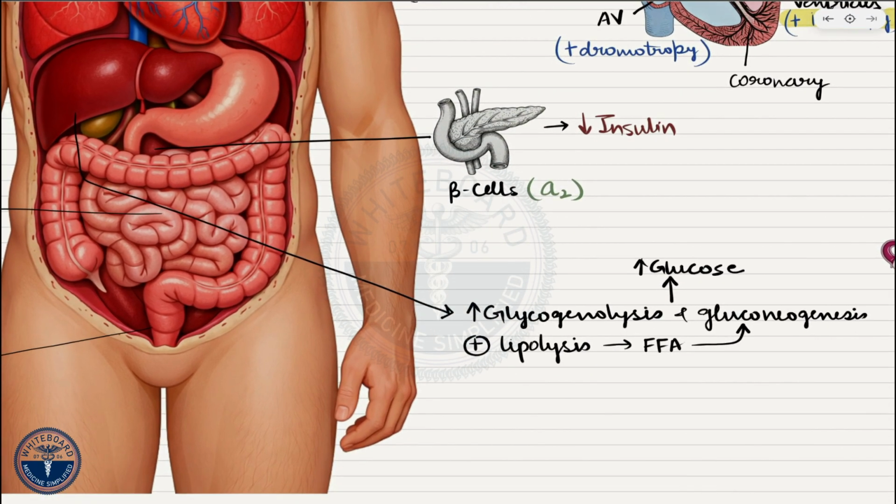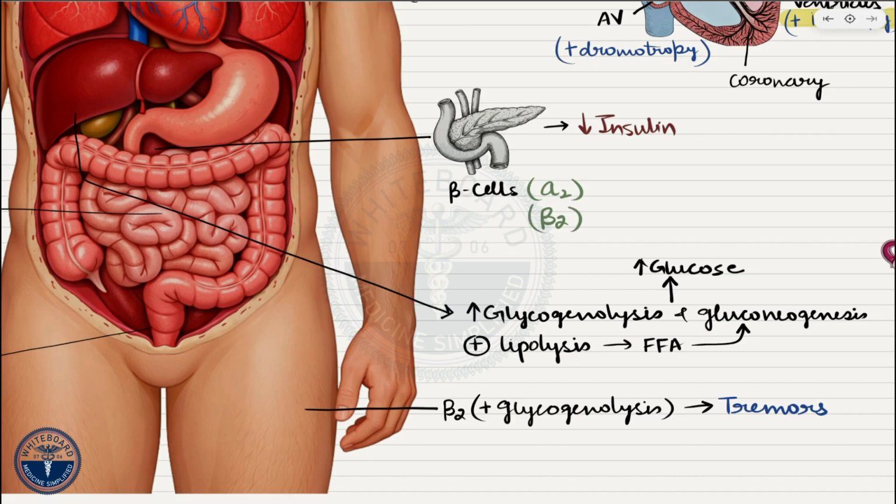In addition, beta-2 receptors can stimulate glycogenolysis in skeletal muscle. This provides a rapid source of energy for muscle contraction and may even contribute to the tremors sometimes seen with beta-2 agonists.